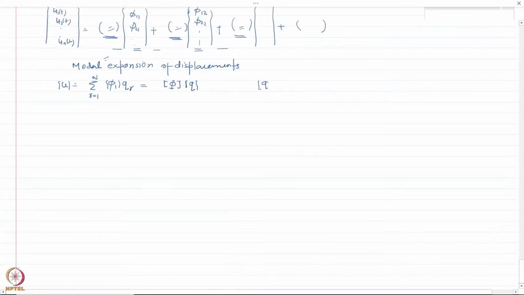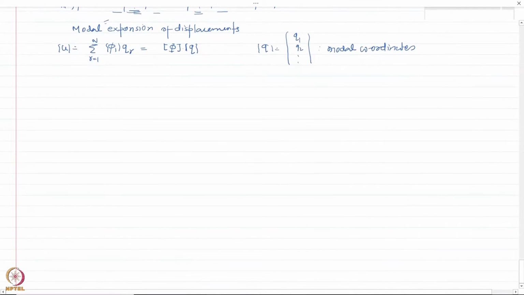The vector q is basically q1, q2, and so on, and these are the factors that are required to find out the total response by combining different modes here. So let us see how we can find out these individual q r here.